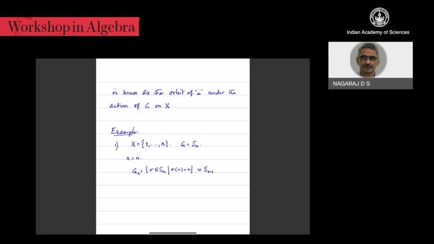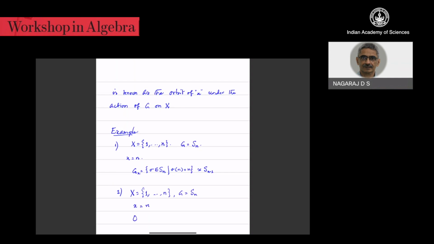And so in this case, if I take the second example, what is O of x? As above, X equal to 1 to n, G equal to Sn, and x is again n.